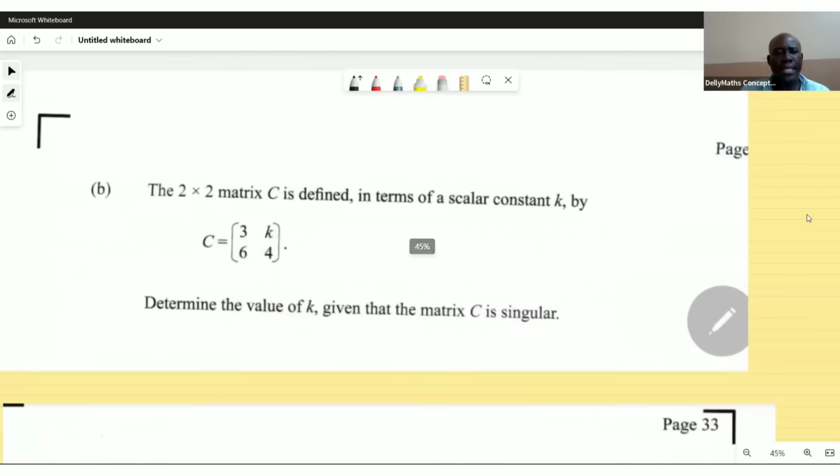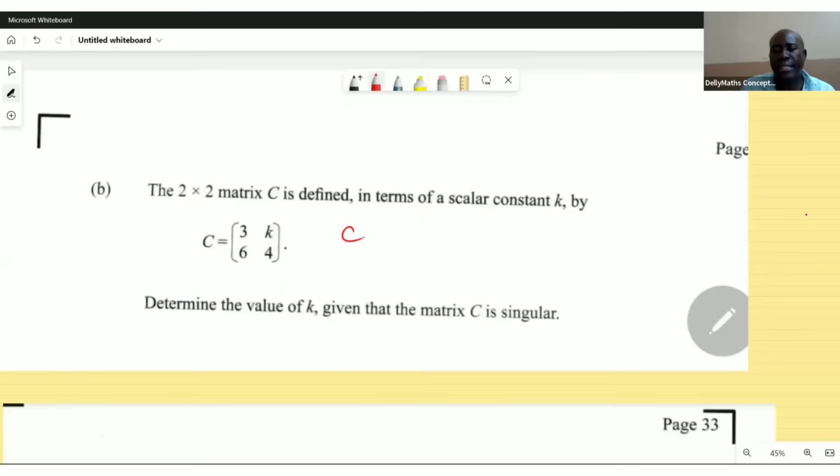Now, the other question says the 2 by 2 matrix C is defined in terms of a scalar constant k. As you could see, C is equal to 3, k, 6, 4. Determine the value of k given that the matrix C is singular. What's the concept of a singular matrix?